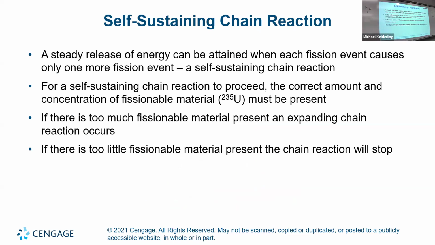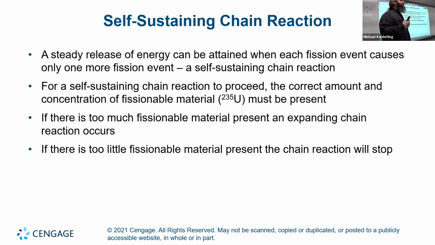For a self-sustaining chain reaction, you need the correct amount and concentration of fissionable material. Uranium-235 needs to be present. If there's too much present, you get an expanding chain reaction. If there's too little present, the chain reaction will come to a stop.